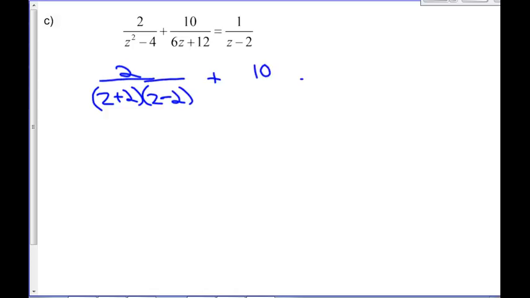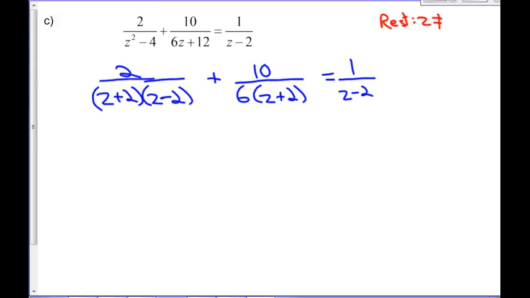Plus 10 all over, this is going to be 6 by z plus 2, just common factor, equals 1 over z minus 2. So now we can see the restrictions. The restrictions are z could not be -2 or +2. That would make one of the denominators 0.